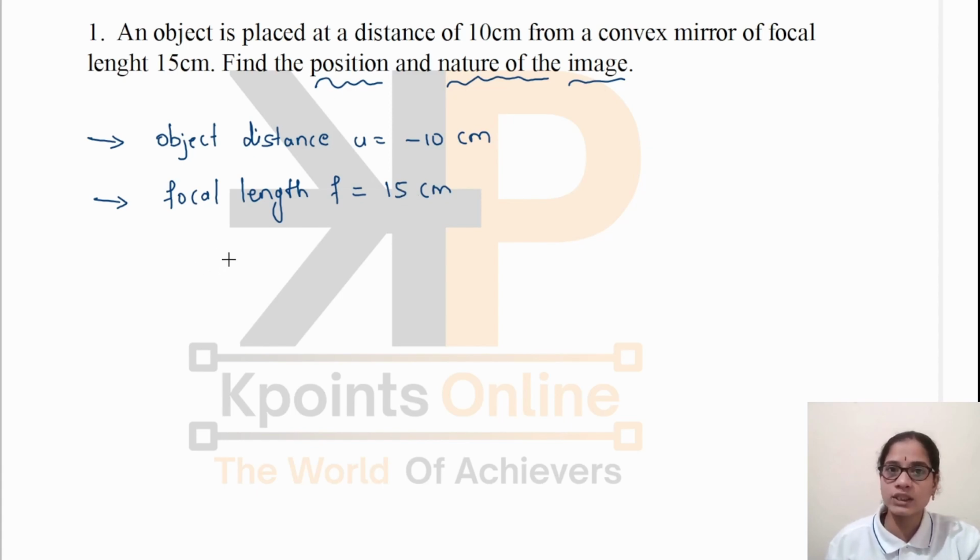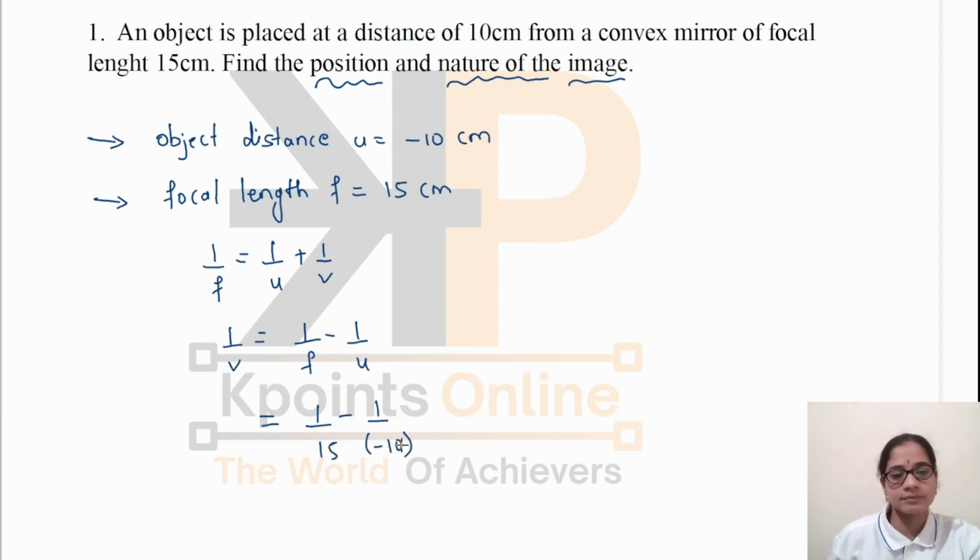Now we have to find out the image distance. We know the formula 1 upon f is equal to 1 upon u plus 1 upon v. We need to find out this v. 1 upon v is equal to 1 upon f minus 1 upon u. It is 1 upon 15 minus 1 upon minus 10.